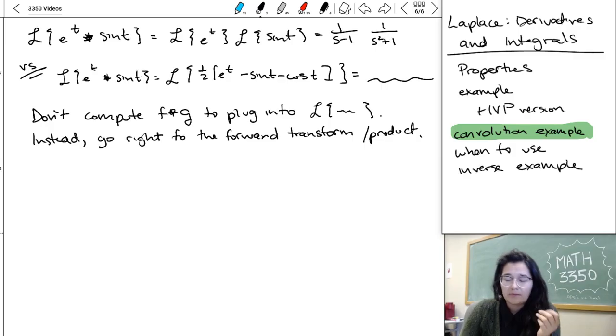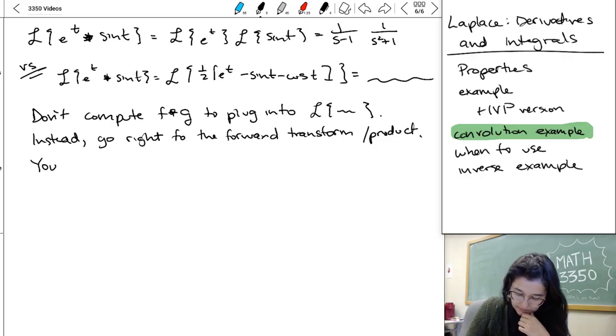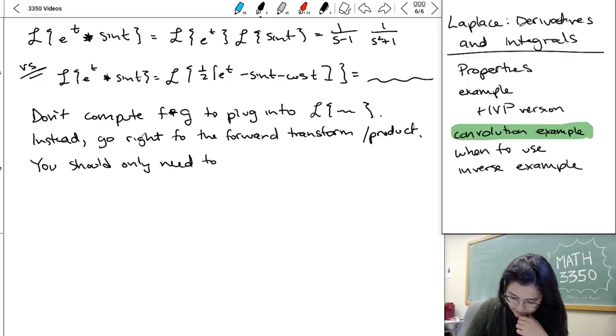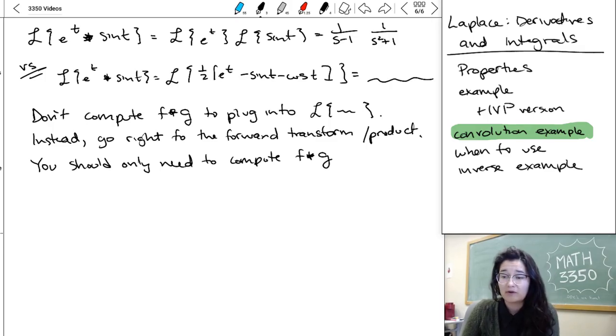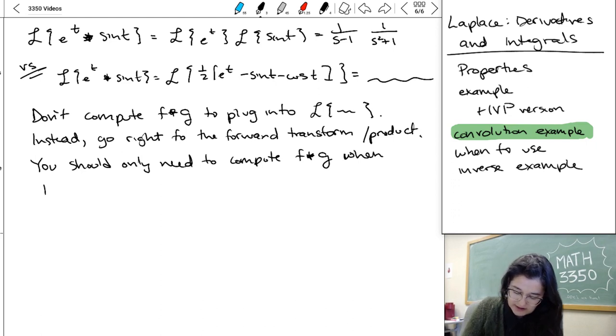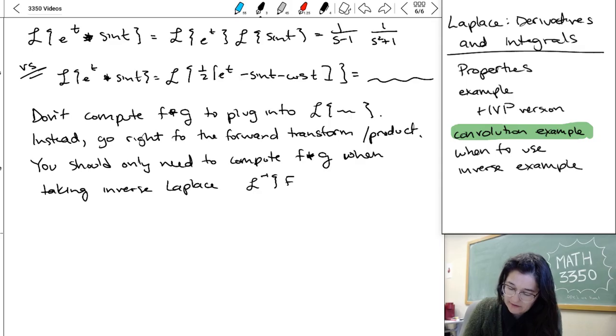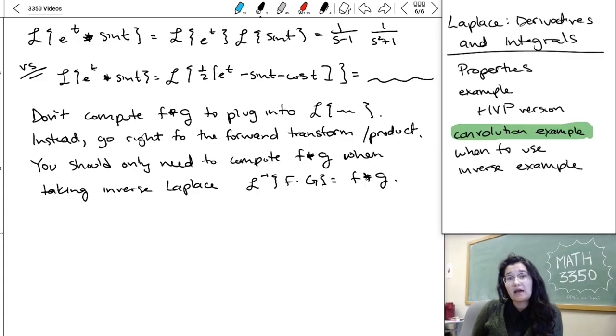And really the only time f star g evaluation is going to come up is when we're undoing that kind of product. So the only time you expect to compute f star g is when you're taking an inverse Laplace transform. The inverse Laplace transform of a product would give you a convolution that needs to be calculated.